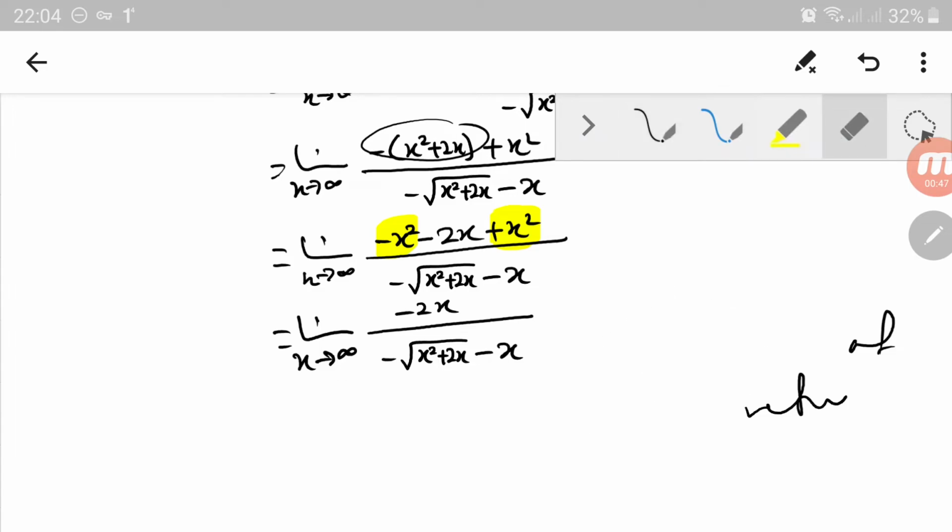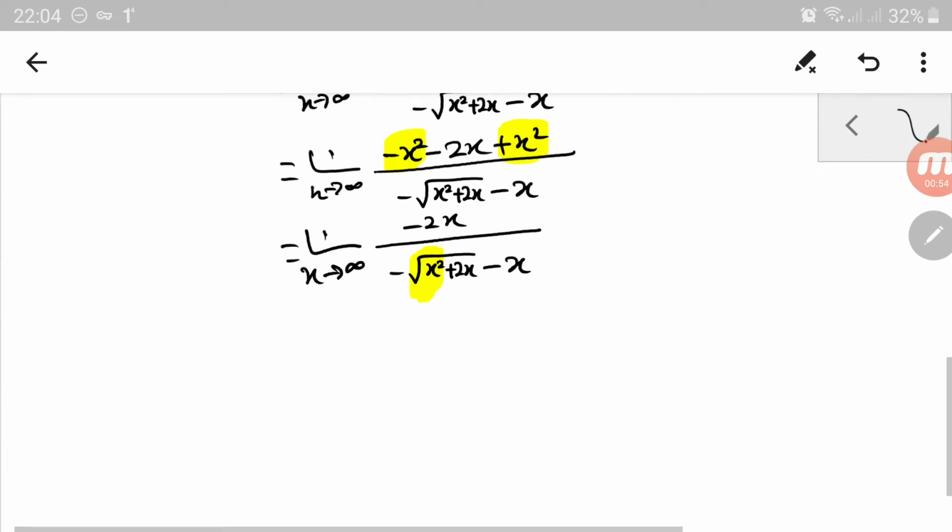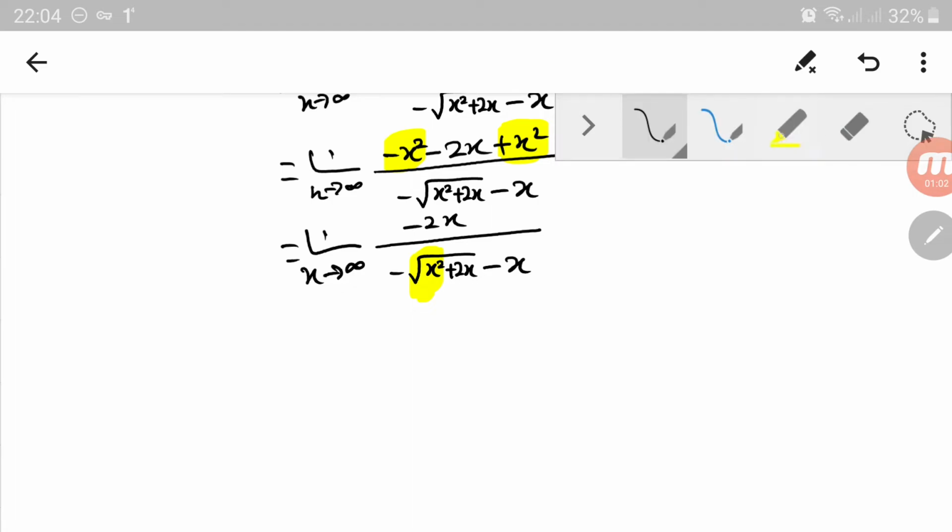So we are going to divide each one of them by the square root of x squared. Why is that so? Because as x approaches infinity, the square root of x squared equals x.